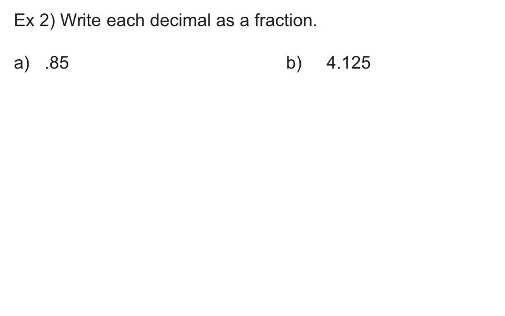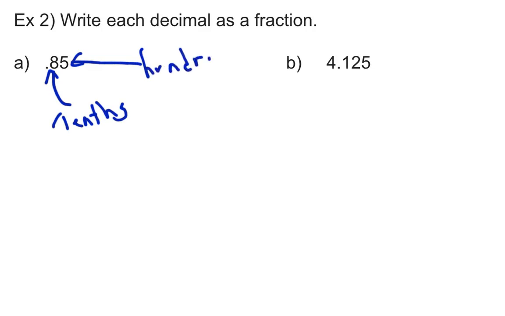What you really should be saying here is that the 8 is in the tenths place, okay, and that the 5 is in the hundredths place. Okay, if there was a third number there, it would be the thousandths place. And really, that's what I think you need to know is tenths, hundredths, and then a third decimal place would be thousandths. Okay, so in this case, tenths, hundredths, thousandths.